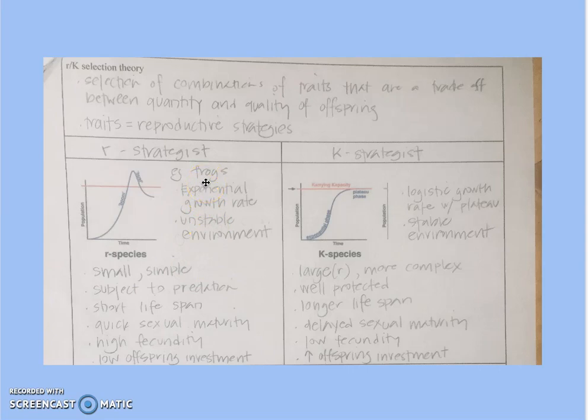Bacteria are r strategists, and all the single-celled organisms are r strategists. So they're small and simple, as opposed to K strategists, which are going to be larger and more complex. Over here in K strategists, we have elephants. They're an example, sorry, I should have put that in here. An example of a K strategist is an elephant.